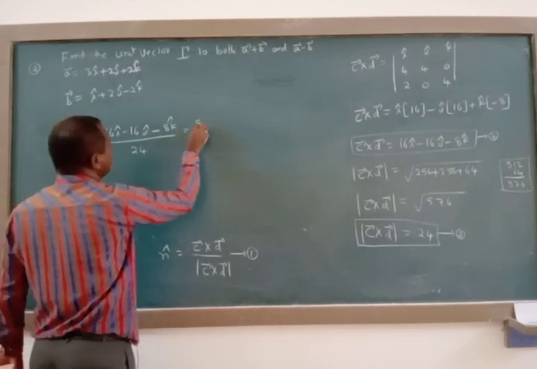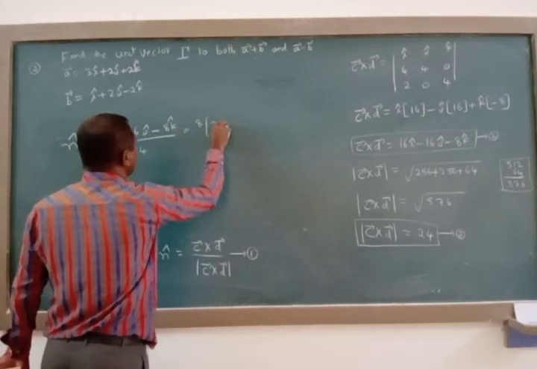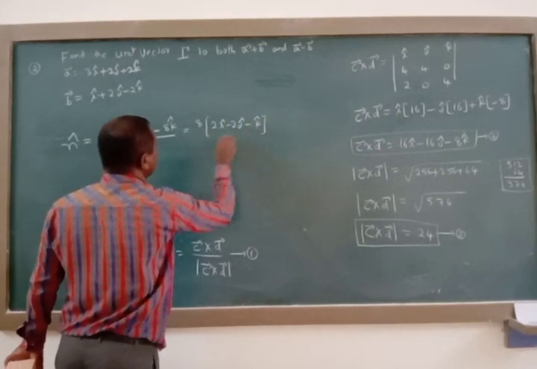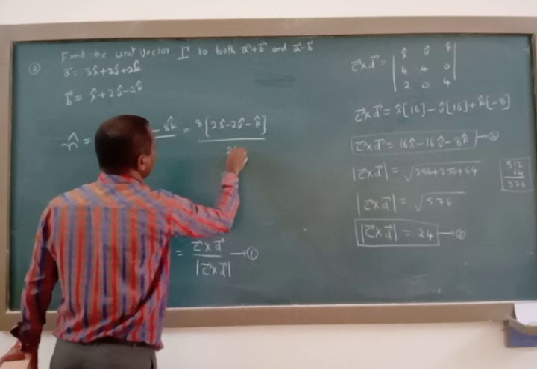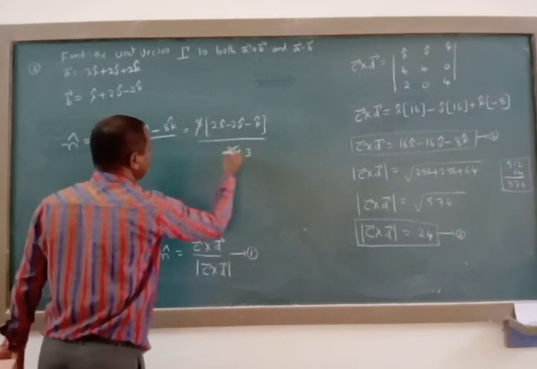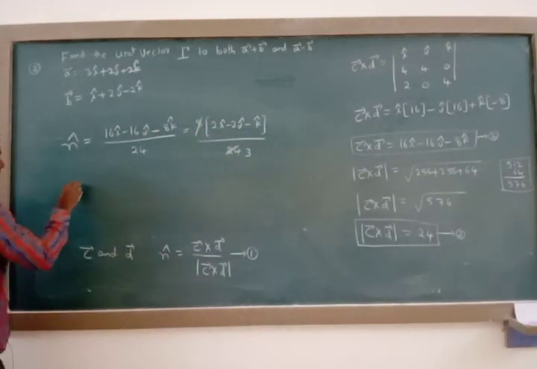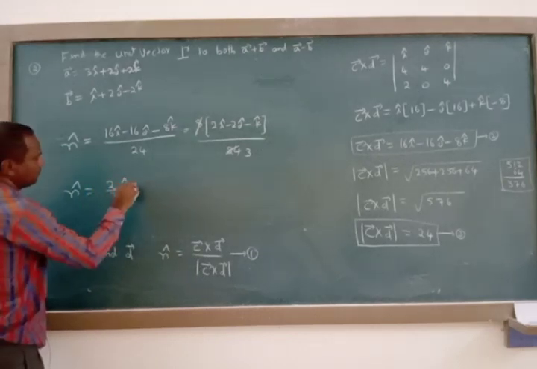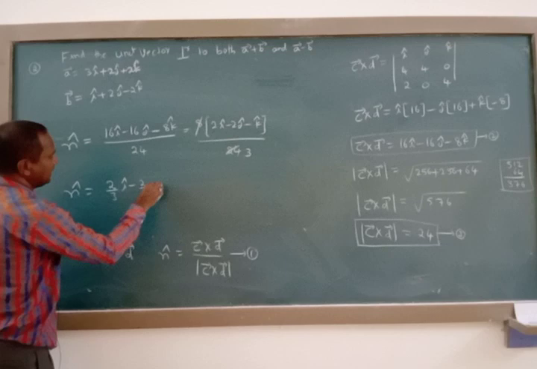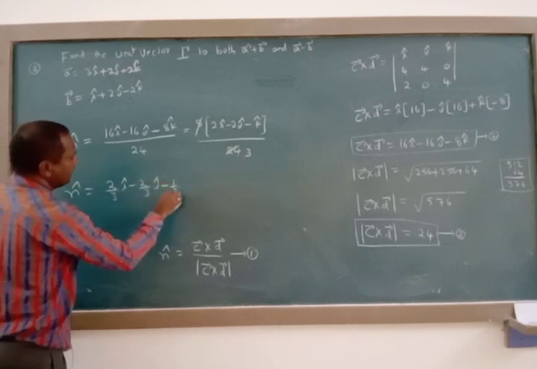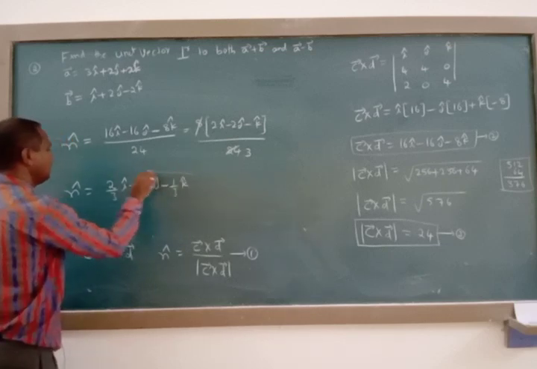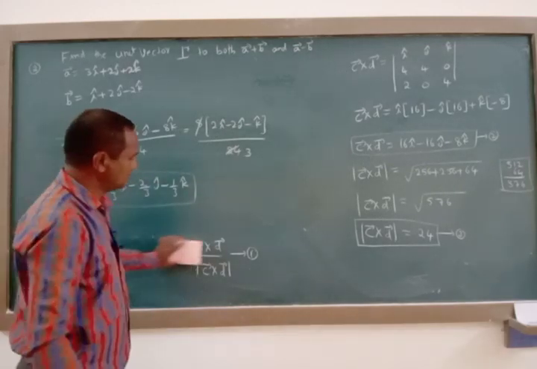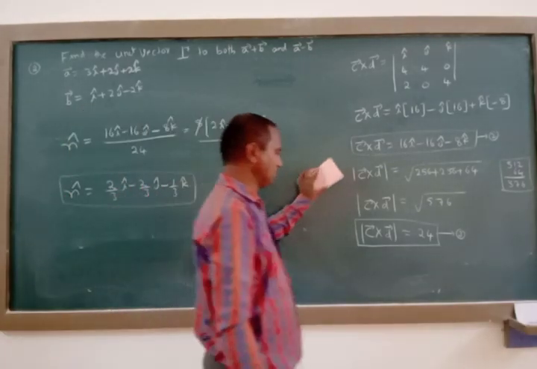Take 8 common: 2 i cap minus 2 j cap minus k cap whole divided by 24. On cancellation, 3. Now separate them: 2 by 3 i cap minus 2 by 3 j cap minus 1 by 3 k cap. It is the unit vector perpendicular to both the vectors c vector and d vector.